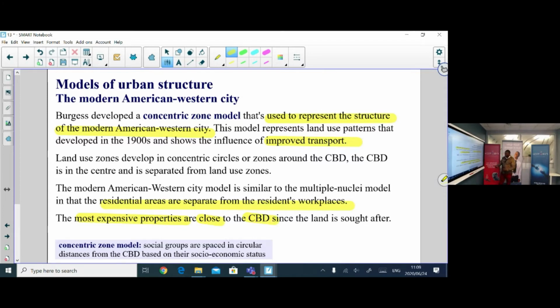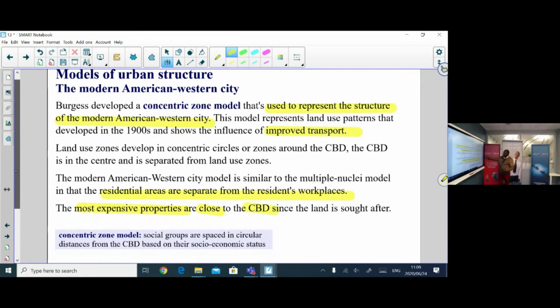The concentric zone model, we have a brief definition here. Social groups are spaced in circular distances from the CBD based on their socio-economic status.